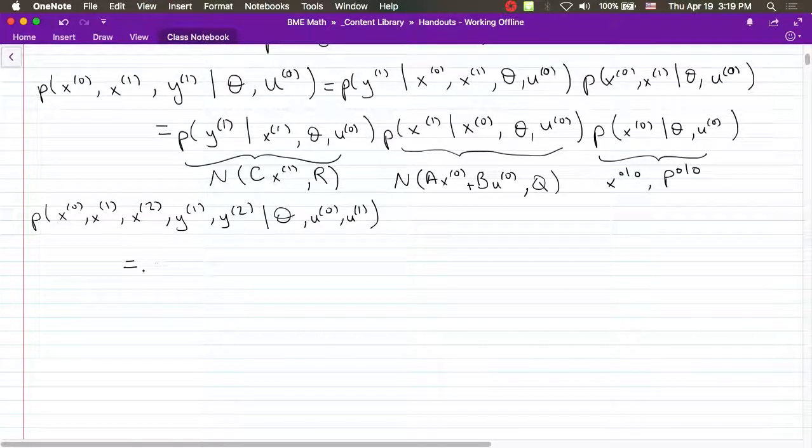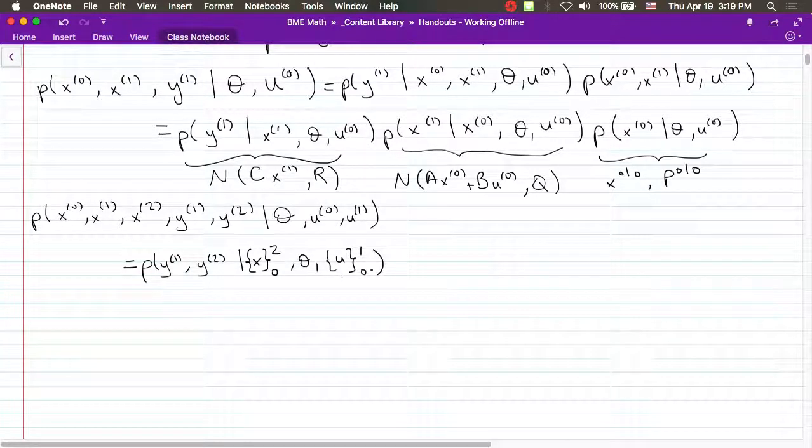So let's begin with the y's. So P of the joint probability, y1 and y2. I took this joint probability, and we're going to write it as a conditional. So the probability of this is going to be conditioned on x. To save some space, I'm going to write it like this, going from 0 to 2, theta, and u going from 0 to 1.